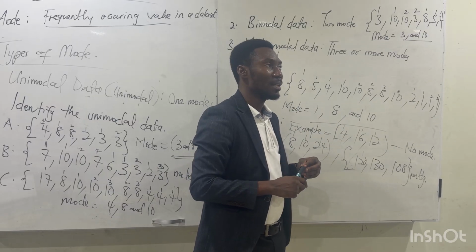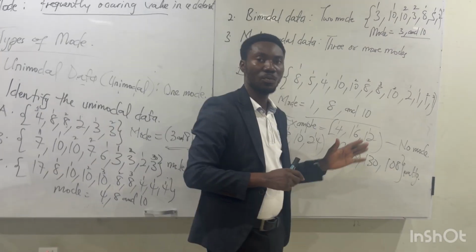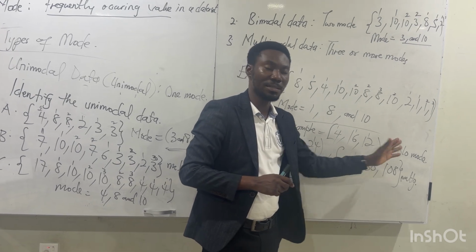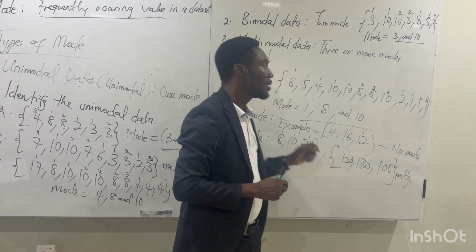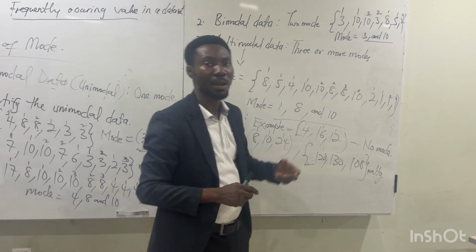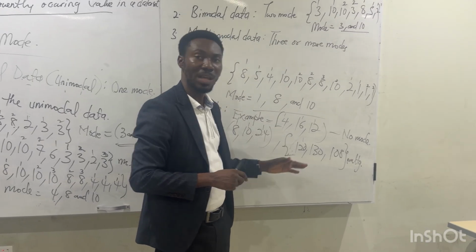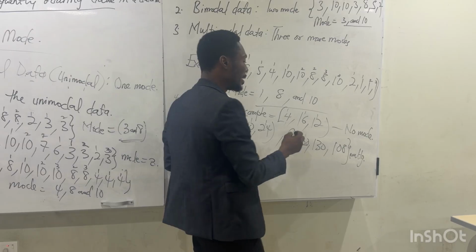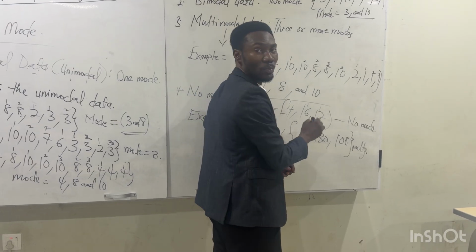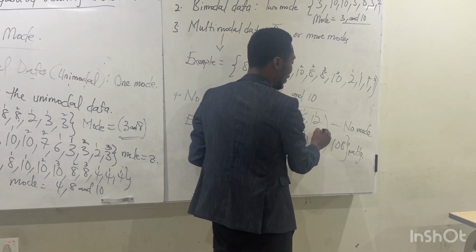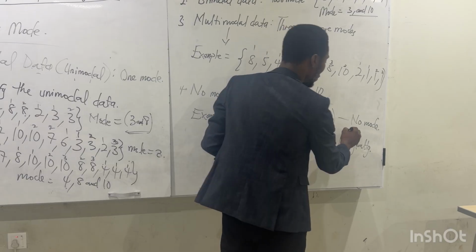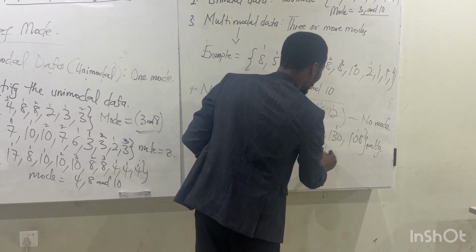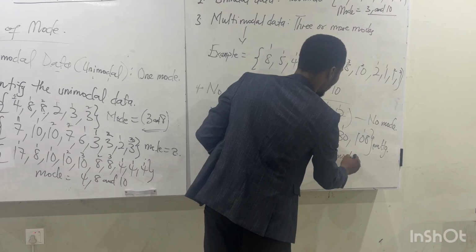Is that okay? For mode, the concentration is on a value that is occurring more than once. Because if all the values are occurring once, it means there is no frequently occurring value. But for mode, we are looking for a value occurring more than once. So in data like this, where 120, 130 and 108 each occur once, there is no mode.